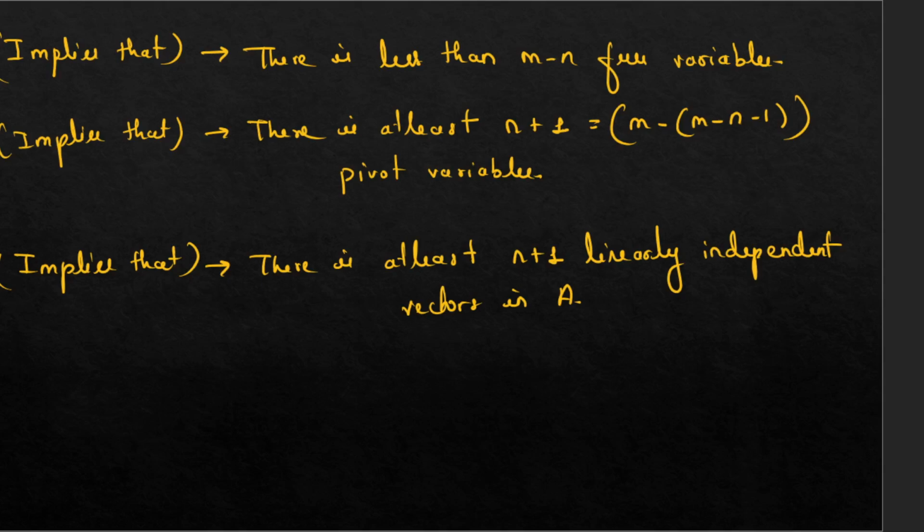But what we have arrived at as the conclusion is that it will have at least n plus 1 pivot variables, which is a contradiction.